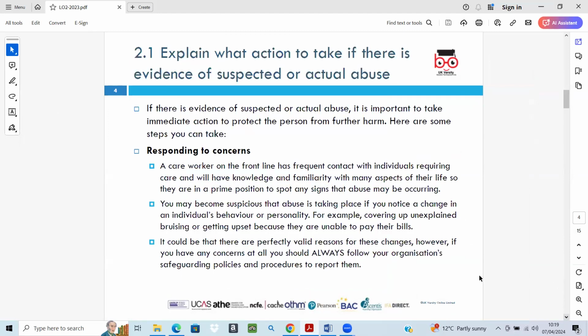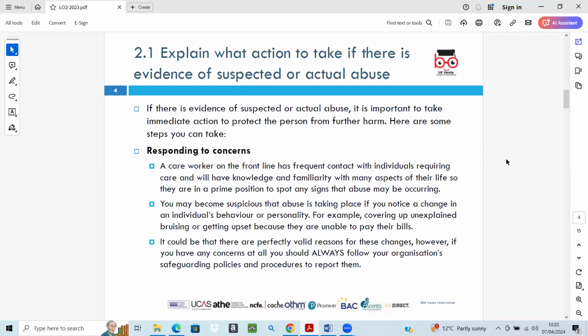Thank you. And now we'll go to slide number 4. In slide number 4, what they are asking us is to explain what actions to take if there is evidence of suspected or actual abuse. In that, we can say that responding to concerns of abuse matters because a care worker is often the first person to notice the signs of abuse, due to their close contact with those requiring care.